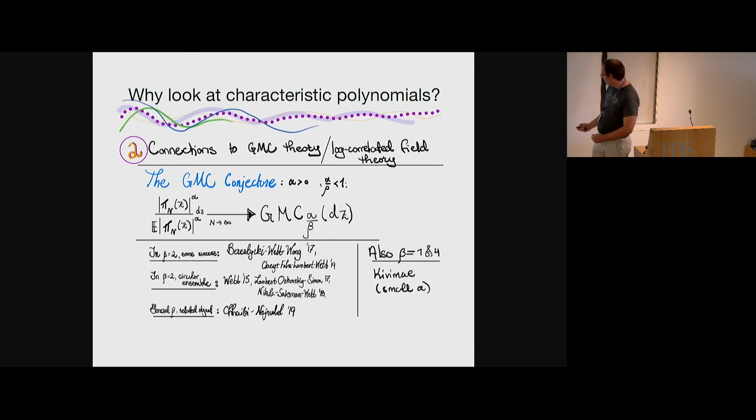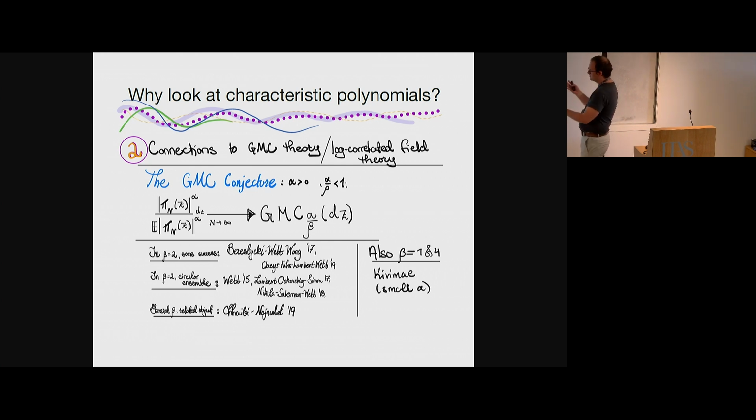There is actually some work on beta equal to 1 and 4, establishing it by Kivimae, but it's really in a small alpha regime, so in quite small alpha, so it's not even up to the L2 phase that it's been done. Okay, but this is one motivating reason to try to look at the characteristic polynomial.